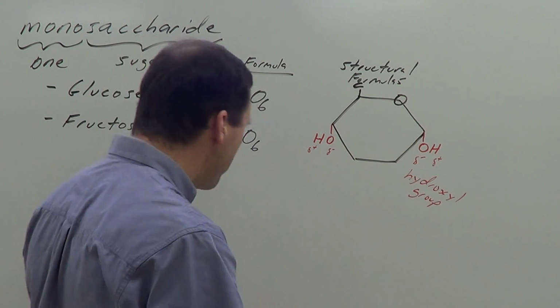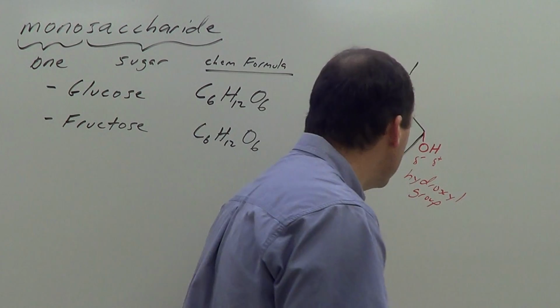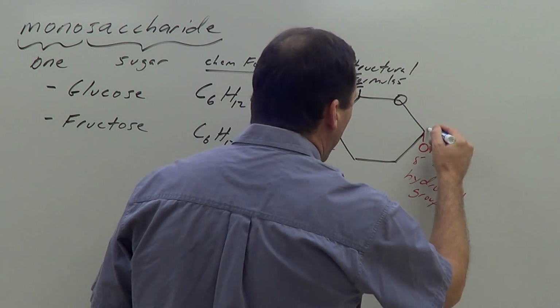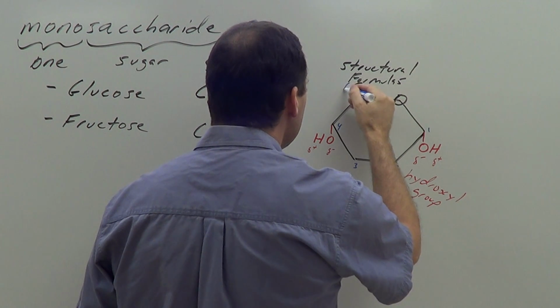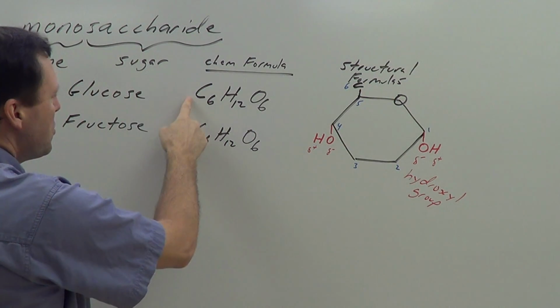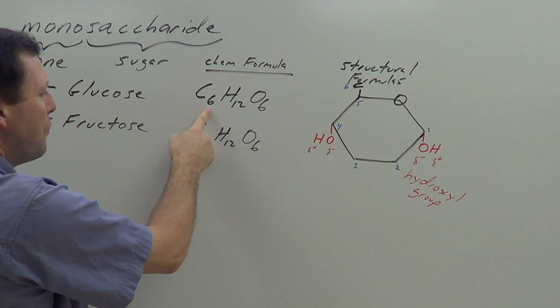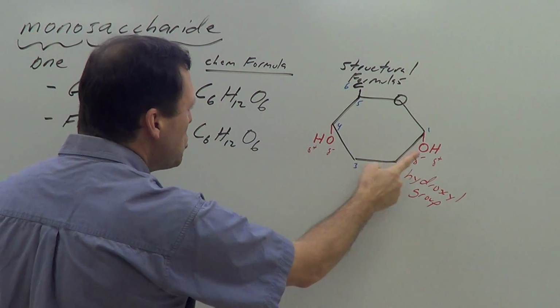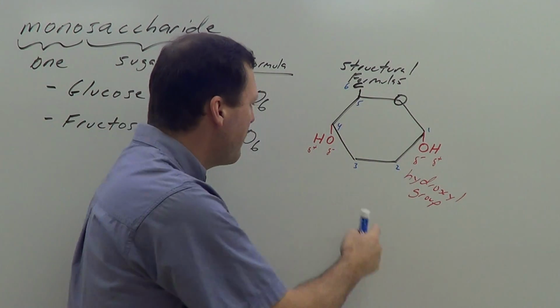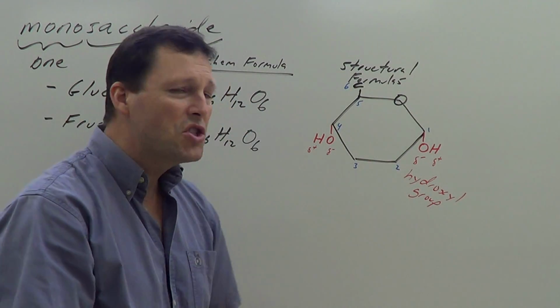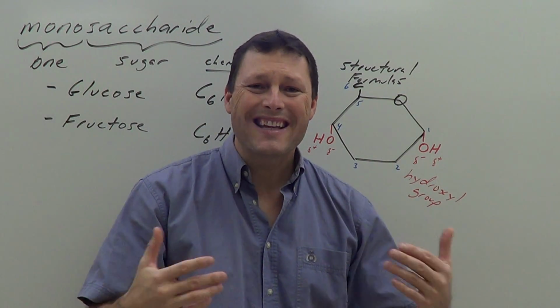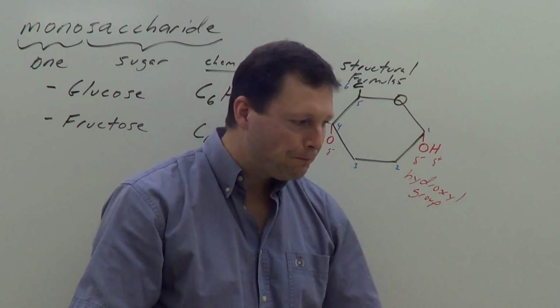Now, if you count up the atoms, let's go ahead and do that. We can count up 1, 2, 3, 4, 5, 6 carbons. And you'll notice that there's actually 6 carbons in the chemical formula. And 1, 2, I only drew 2 hydrogens, and I've only drawn 1, 2, 3 oxygens out of the 6. Because this is just sort of an abbreviated skeleton structure.